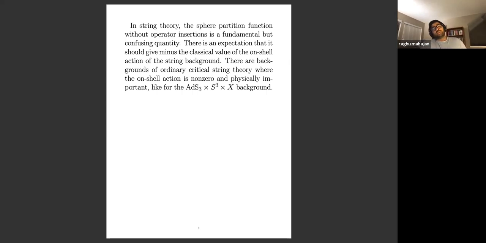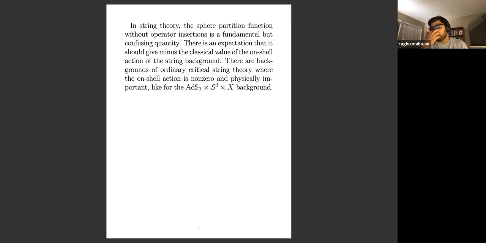The basic point of our computation is we want to compute the sphere partition function, but without any vertex operator insertions. Usually if we open Polchinski's textbook, you start with the 3-point function of tachyons, a 2-to-1 scattering amplitude of tachyons. But you can ask, what is the sphere with 2 or 1 or 0 vertex operator insertions?